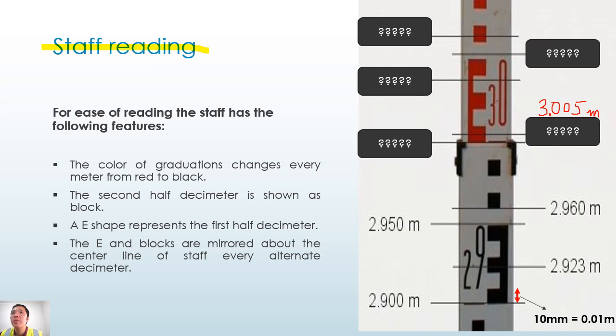So what about this point? So we have 3000 from here. So you add 10, 20, 30, 40, 50. And now you have about 3 or 4 mil more.